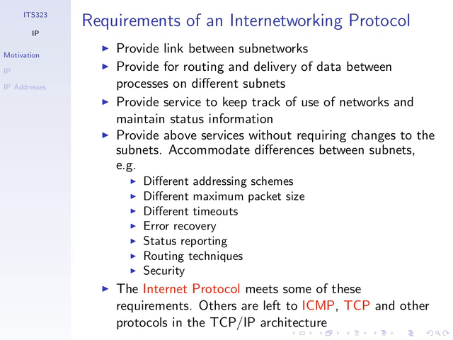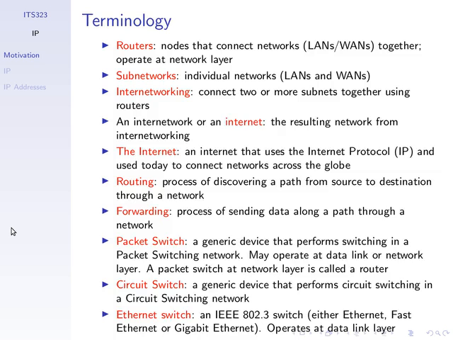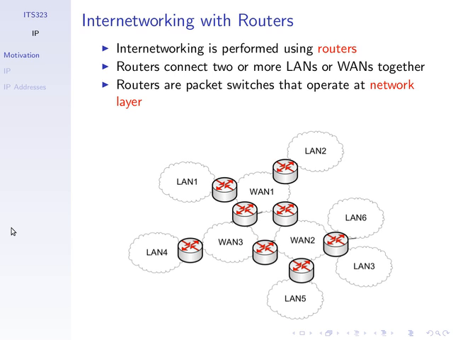Often we'd like to keep track of the use of a network. In this example, if I send data from my local network here to someone on the other side of the world, and if it goes through this wide area network, the owner of this network would like to keep track of who is using it, who is sending their data through it, so maybe they can charge some money to use this network.